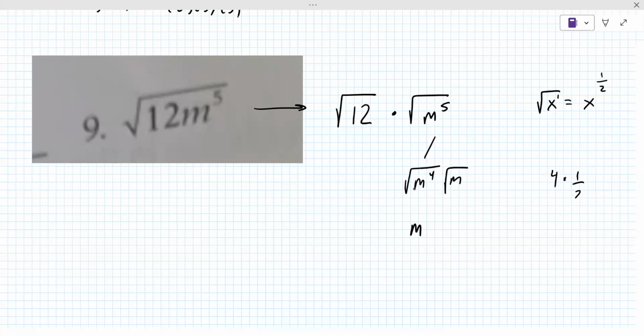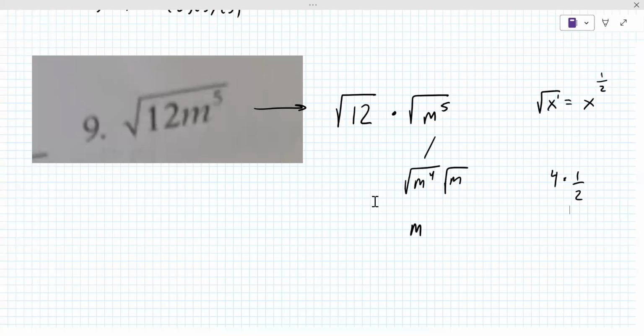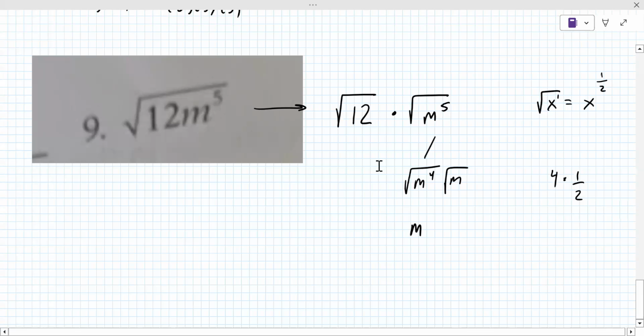4 times 1/2. Oh, 8. Try again. Nope. Try again. You're welcome to use that calculator. I'm not anti-calculator. I want you to get the right answer. 4 times 1/2. Where's the fraction bar?